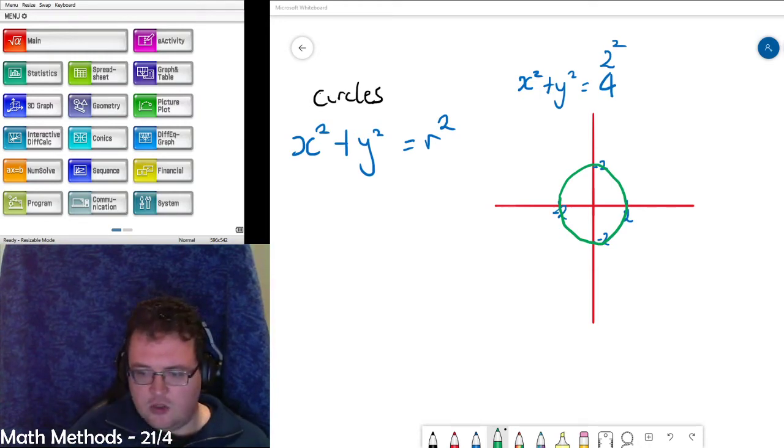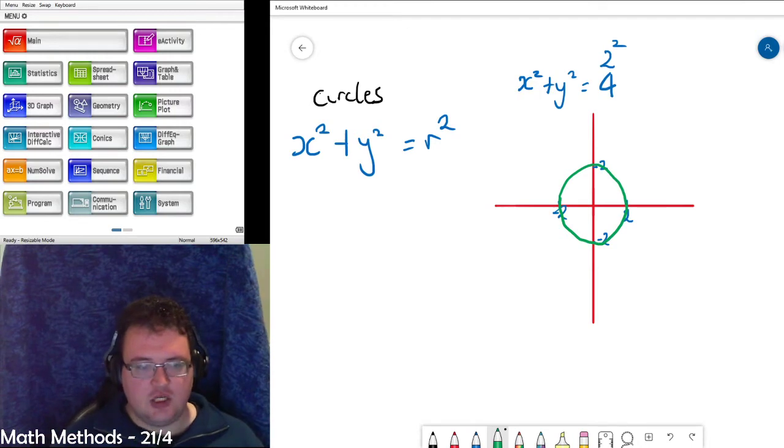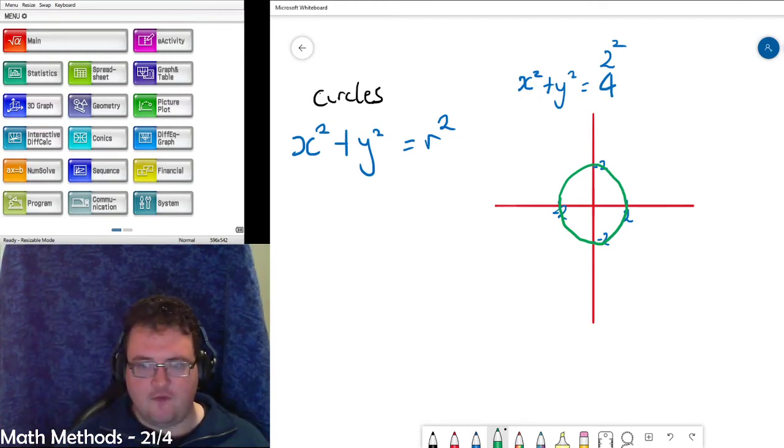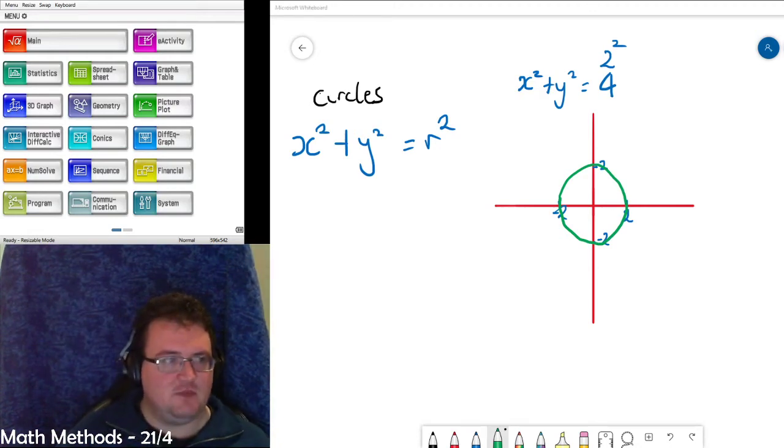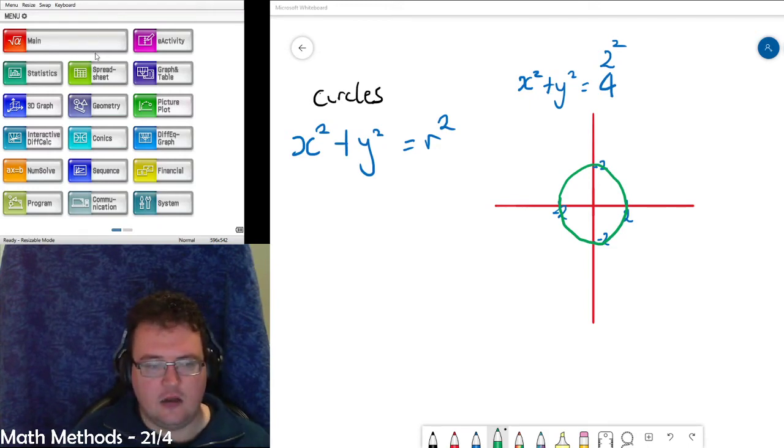Now what we can also do with our circle graphs is change where the center point of those graphs is. But before we start fiddling with where the center is, we're going to need to go over to the CAS, because you can't enter x squared plus y squared equals r squared in the normal graph and table section.